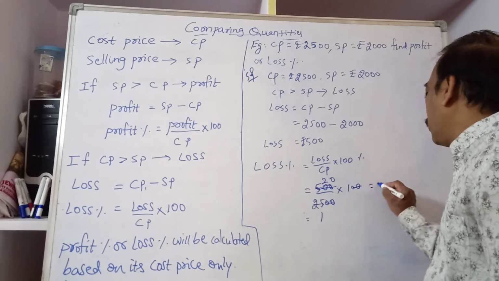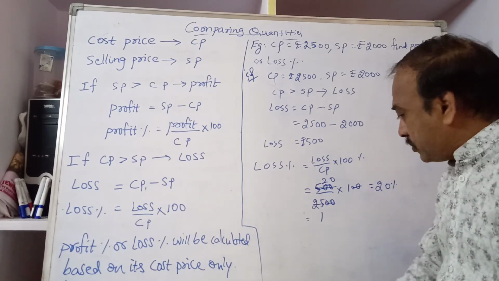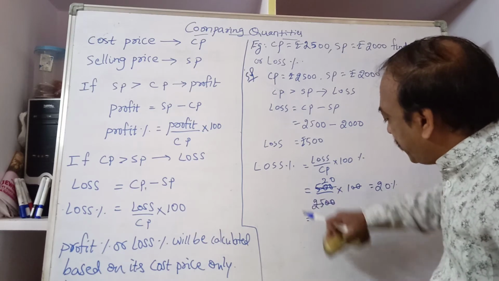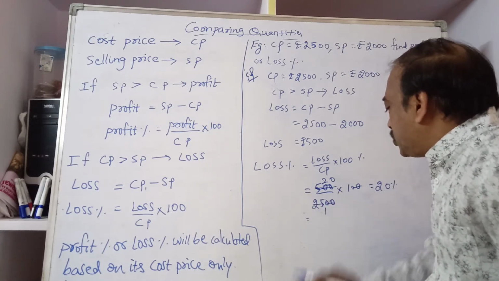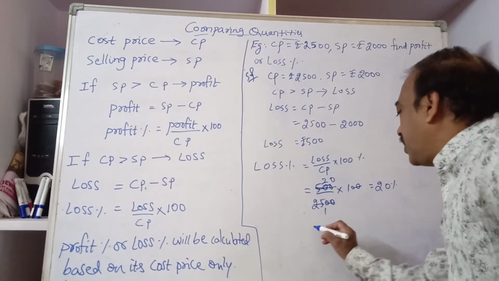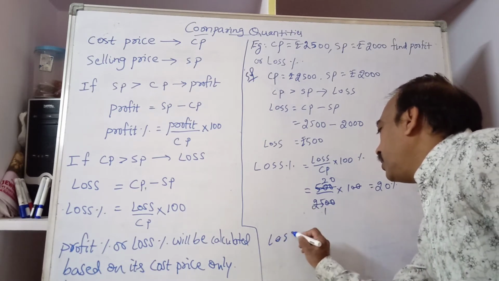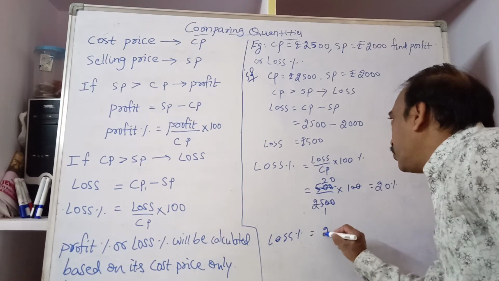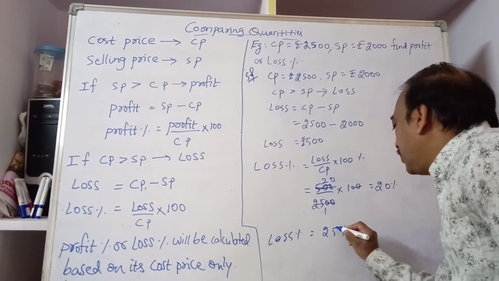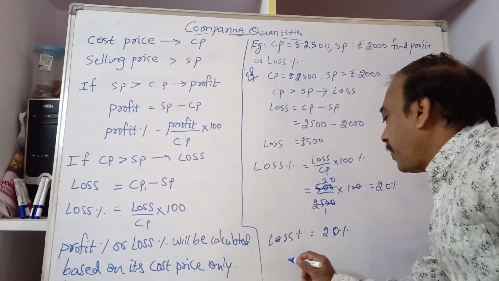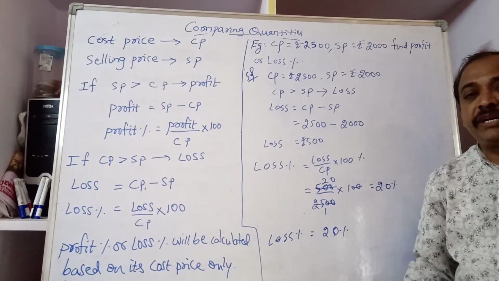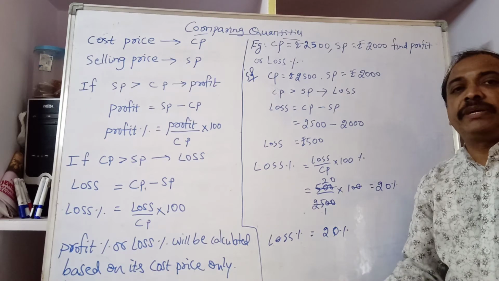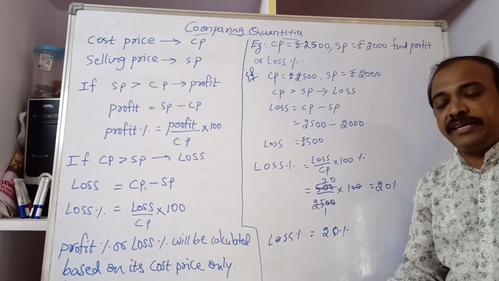Which equals 20%. Therefore, loss percent equals 20%. This is how we calculate profit or loss percent. Is it clear?